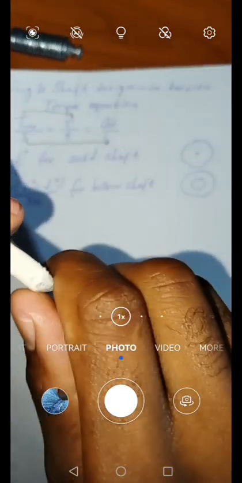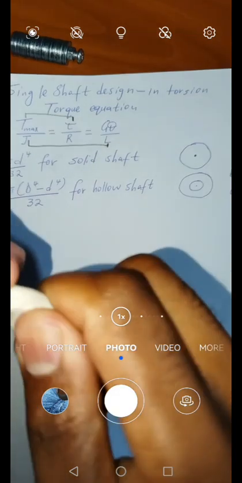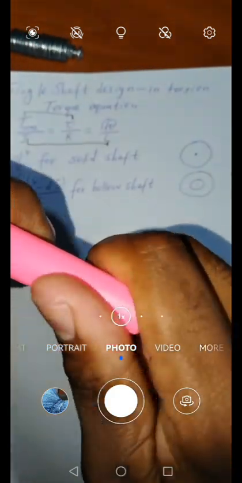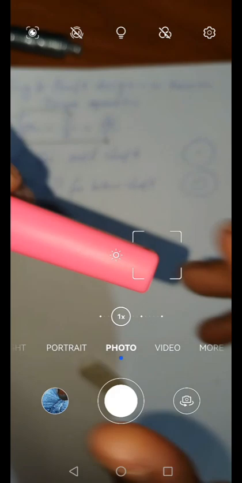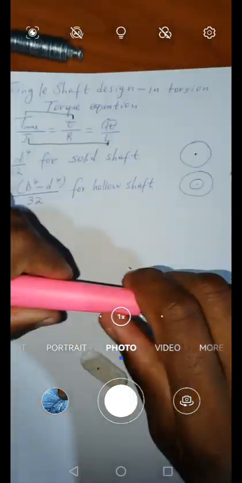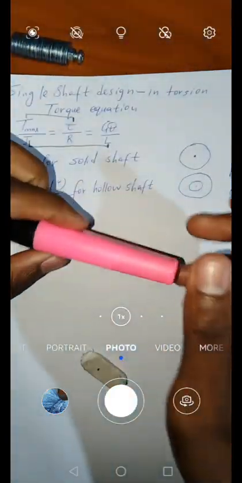So the stiffness or rigidity of this rubber is very low. And then the stiffness or rigidity of this plastic material is high. That's why this thing doesn't shear, because there is a resistance.